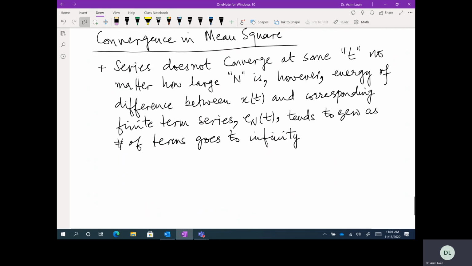When the number of terms goes to infinity, this will go to 0.